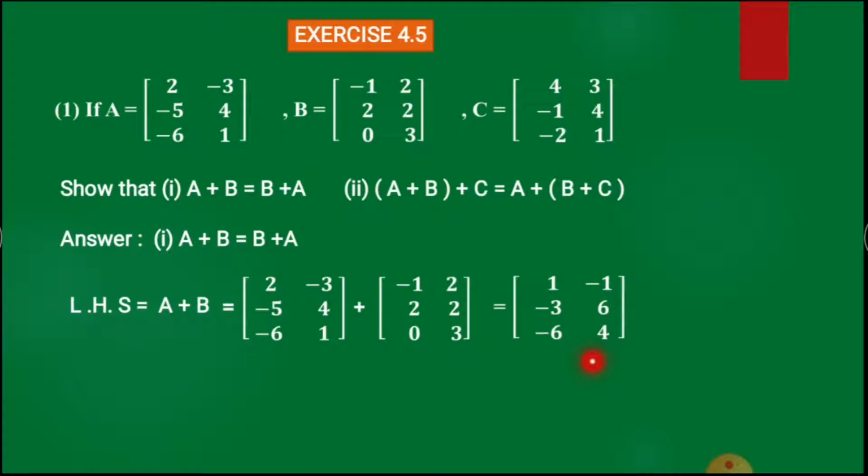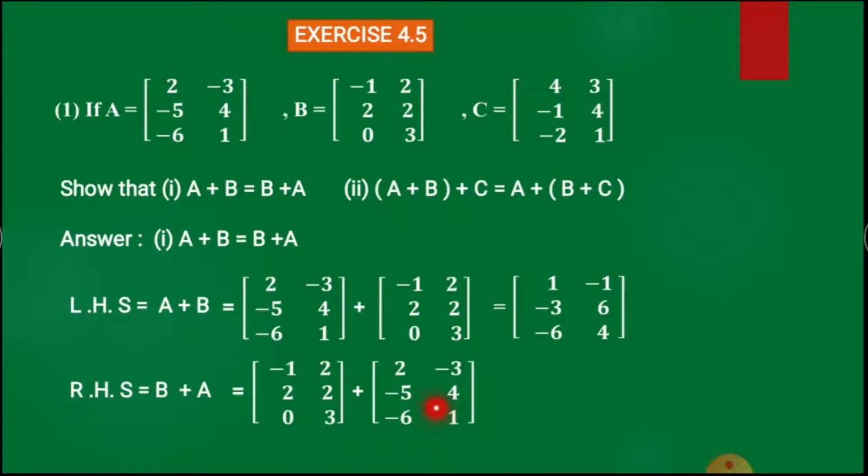So this is LHS. Now we calculate RHS, that is value of B plus A. So we write here RHS equals B plus A. Now substitute value of matrix B first and then value of matrix A. So we add this minus 1 with this 2, so we get plus 1.